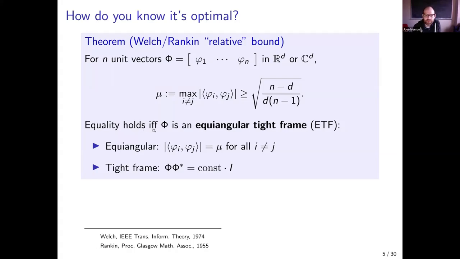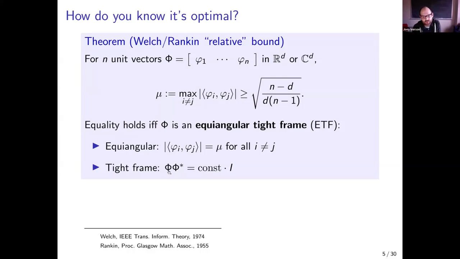Equality holds in this bound if and only if this matrix phi is what's called an equiangular tight frame, or ETF. So I'm going to say ETF a lot of times in this talk. Equiangular means that those inner products, their absolute value, is constant for all pairs i different from j. Tight frame is some spectral condition.